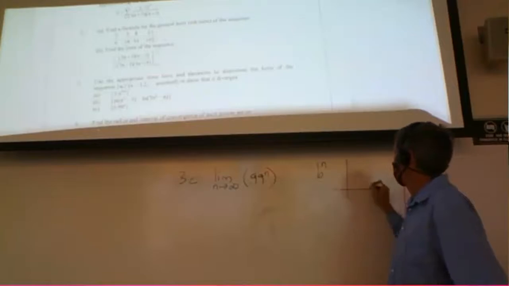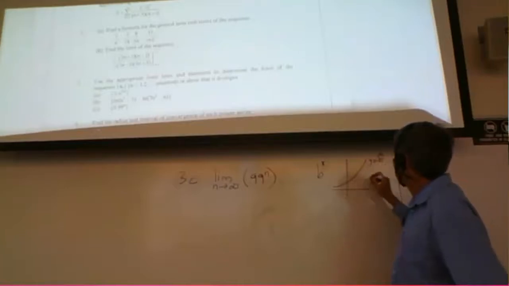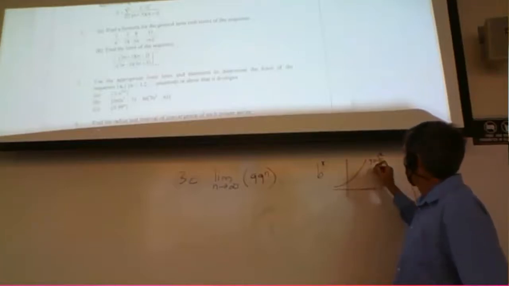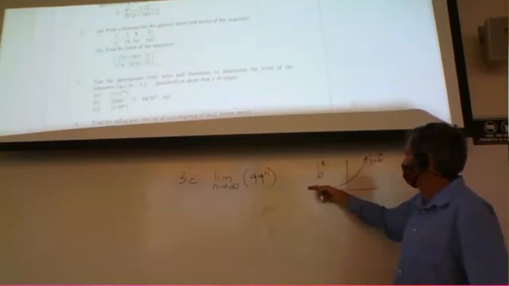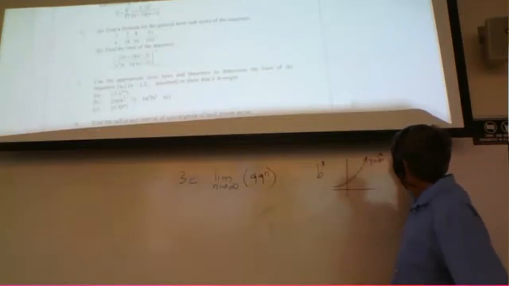Because b to the n looks like this, or b to the x, you recall, looks like this. This is intuition, but y equals b to the x grows like that. It's exponential growth, and as x goes to minus infinity, its limit is 0. As x goes to infinity, its limit is infinity. This is for b greater than 1.